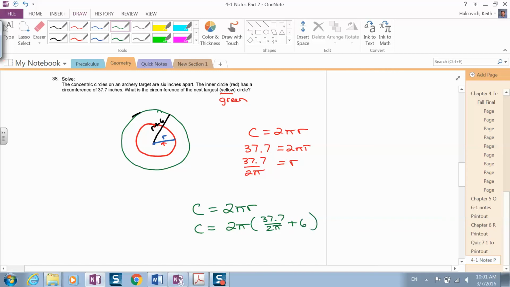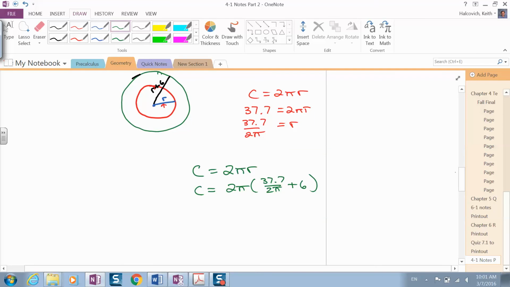We found the radius of the inner circle to be 37.7 over 2 pi, so we just add 6 to that. When we distribute here, we get 37.7 plus 12 pi inches. That is the circumference.